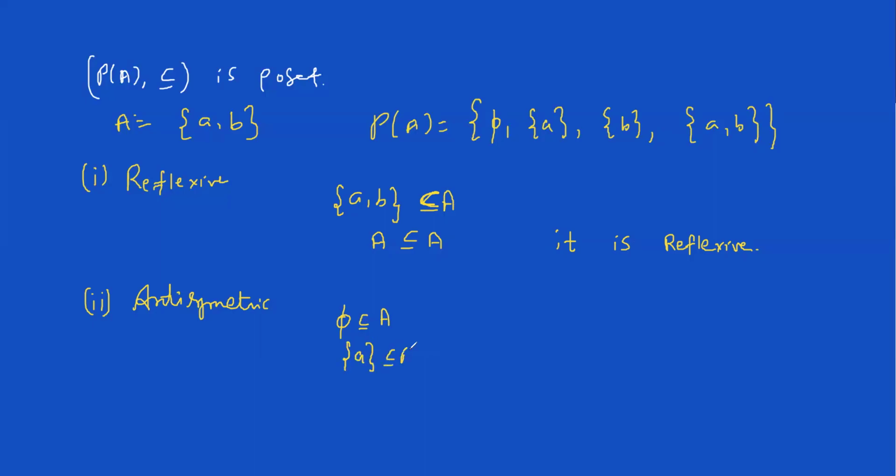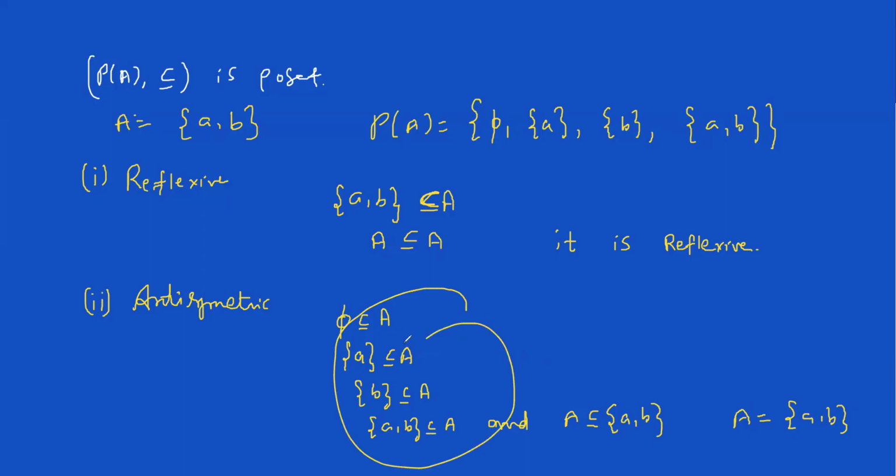A is a subset of A, right? {B} is a subset of {A, B}, and {A, B} is a subset of {A, B}. Both are the same. Understood? So it satisfied all the conditions of antisymmetric, right? Yes, it is antisymmetric.